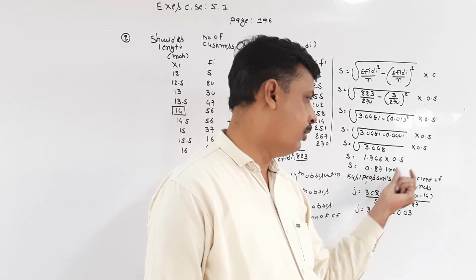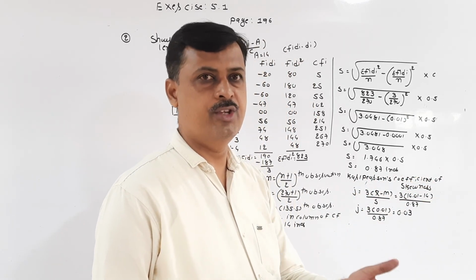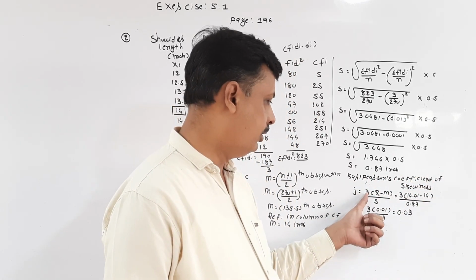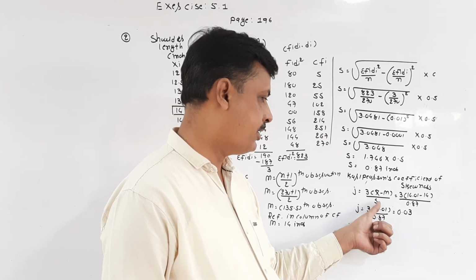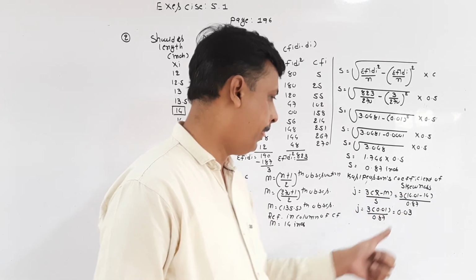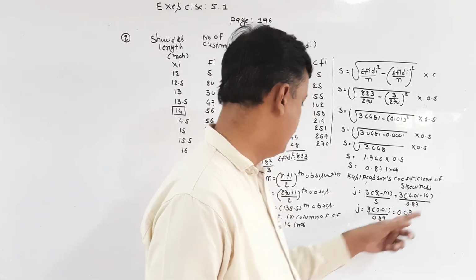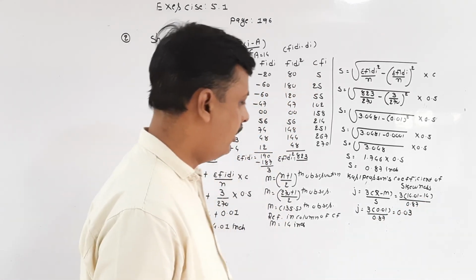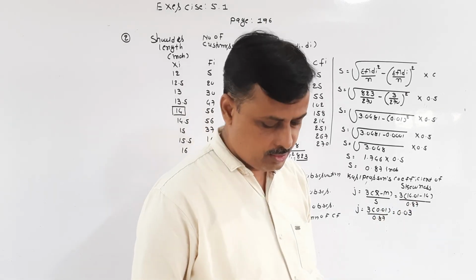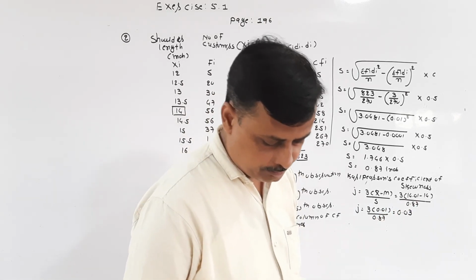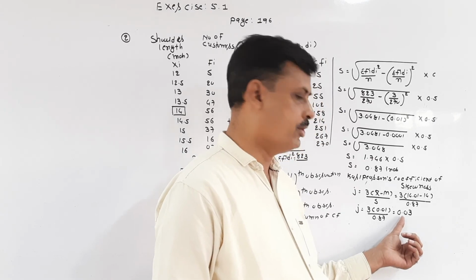Karl Pearson coefficient of skewness, that is J, is equal to 3 (x bar minus M) upon s. x bar is 14.01, M is equal to 14, s is equal to 0.87, so the answer is 0.03.